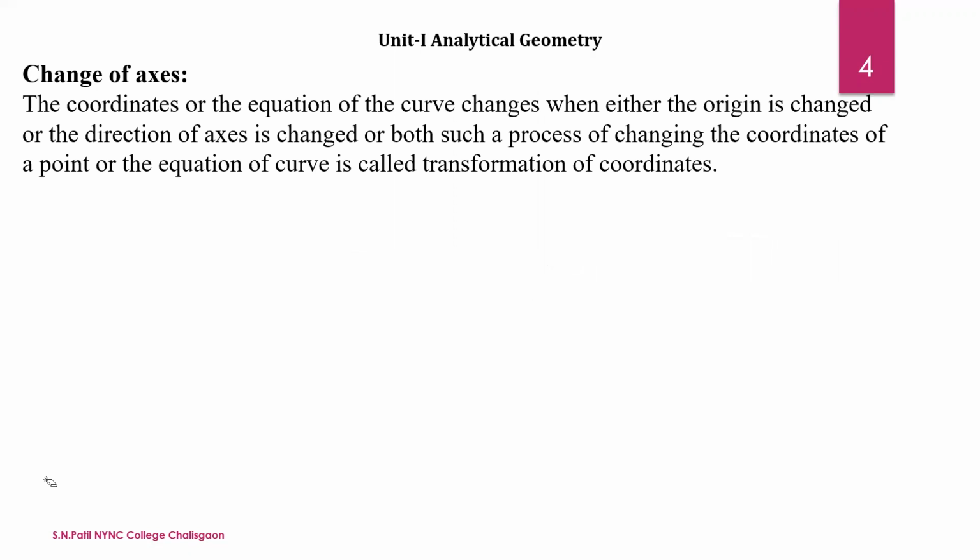The coordinates or the equation of the curve change when either the origin is changed or the direction of the axis is changed, or both. Such a process of changing the coordinates of a point or the equation of a curve is called transformation of coordinates. First, we discuss the translation.